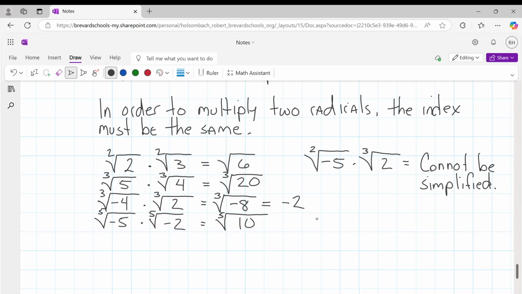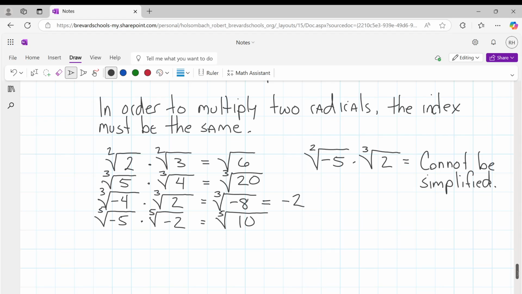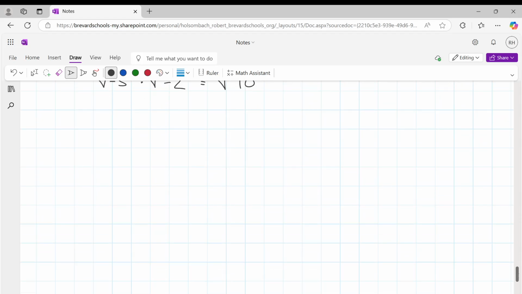All right. Now, if you multiply and your product under the radical can be simplified, well, then you need to take this one step further. And here's what I mean. If we end up with the square root of 24, the square root of 24 has a factor that's a perfect square.